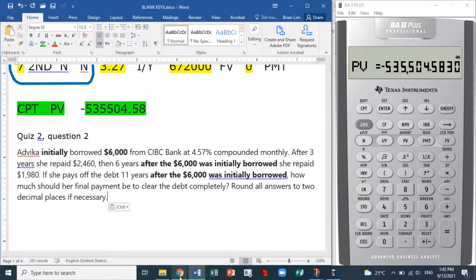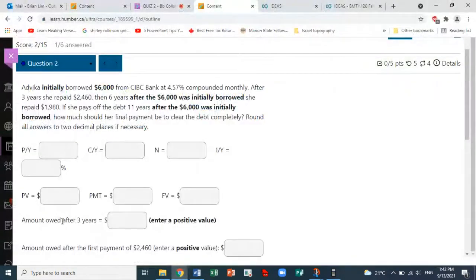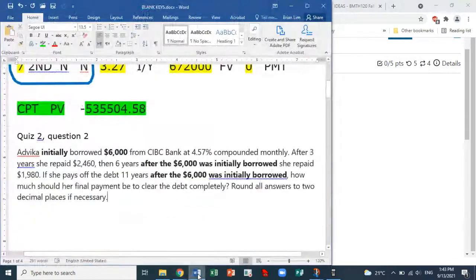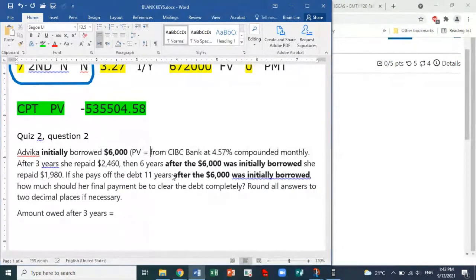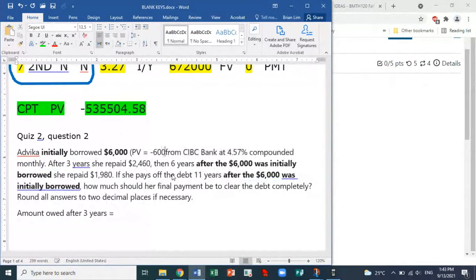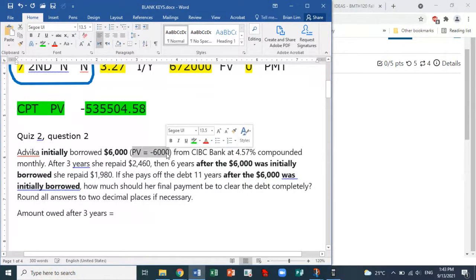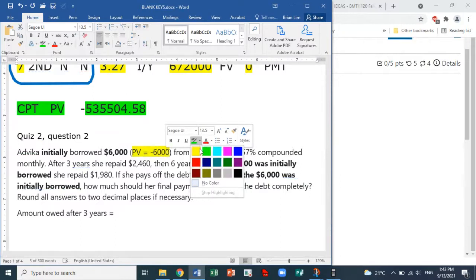The first question was the amount of money owed after 3 years. So we have to enter a positive value. Let's go here, and we need to find that amount of money owed after 3 years. Let's fill in our values. The present value would be 6,000, and that would be the initial amount.